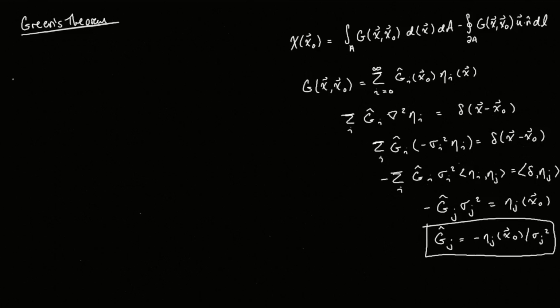So what we have is chi at x naught is going to be the sum over i of minus eta i at x naught over sigma i squared, times the inner product of D with eta i.